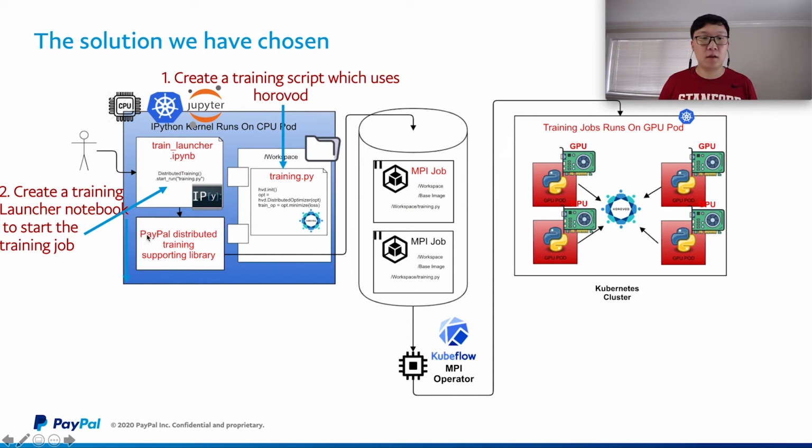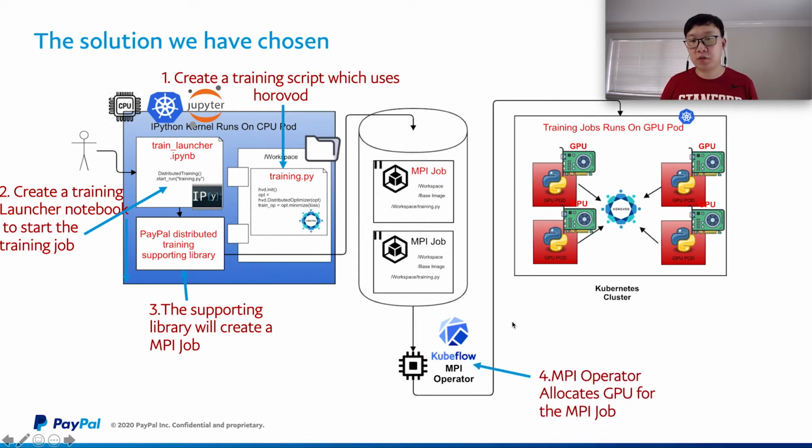And inside this notebook, you need to invoke the PayPal distributed training supporting library to start the actual training job. This library will create an MPI job internally, and it will be created in the Kubernetes cluster. And the MPI operator will watch for those jobs and allocate the GPU resource based on these jobs.